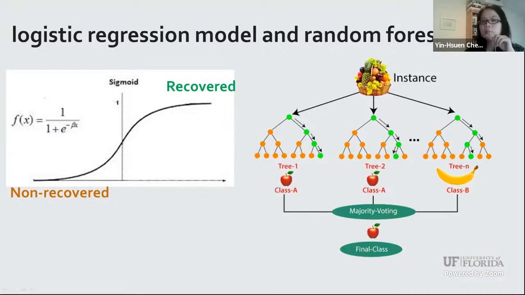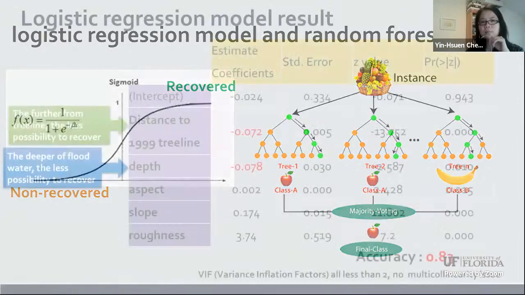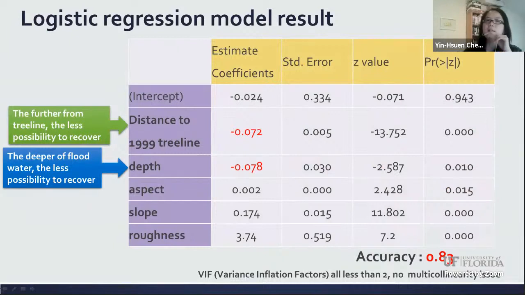By doing this many times, they can come out with the best model for prediction. I know this is a super simple explanation, but this is basically how it works. All right, so here, really quick, is the modeling result for the logistic regression model.